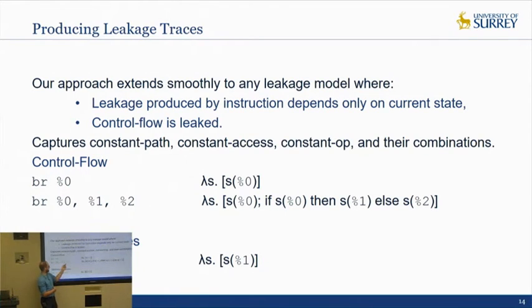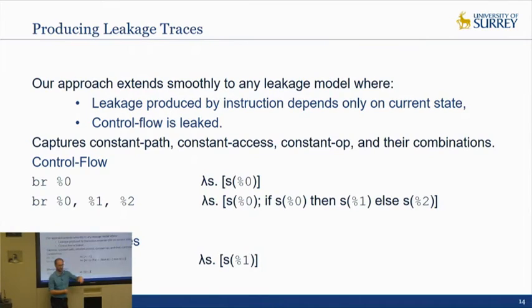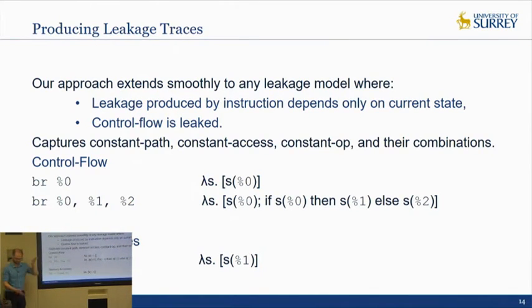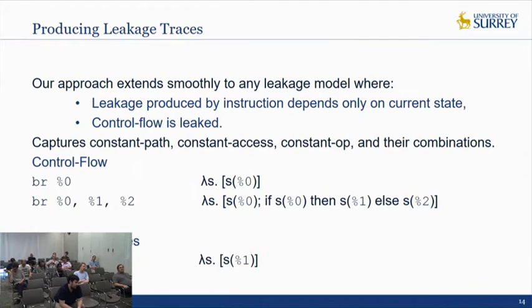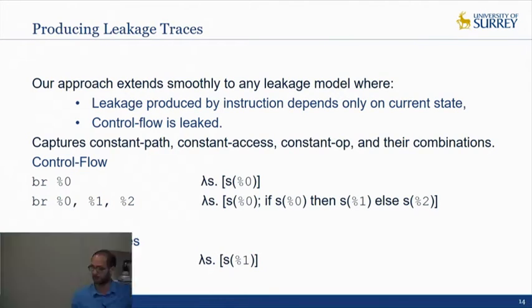If you have a conditional jump, then you'd be leaking the condition and the address you're jumping to. And if you have memory accesses, here I just put load because of lack of space, then you're leaking the address that you're loading from. Or if you have a store, you would be leaking the address you're storing to. If you want to extend this, you can also add, if you have a division, that you're leaking the bit size of the denominator.